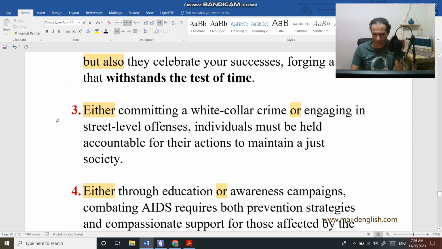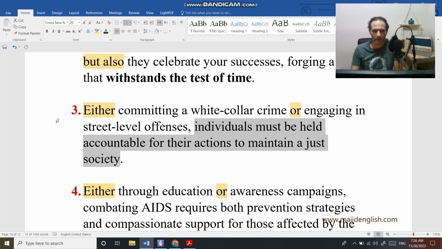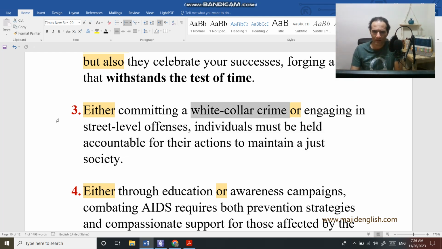Either committing a white-collar crime, a simple, small crime, or engaging in street-level offenses, individuals must be held accountable for their actions to maintain a just society. What a beautiful sentence. So, white-collar crime, I think, is petty crime, small crime.